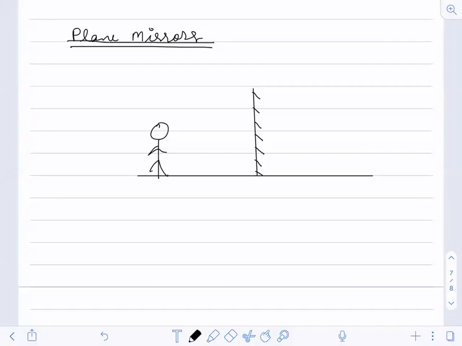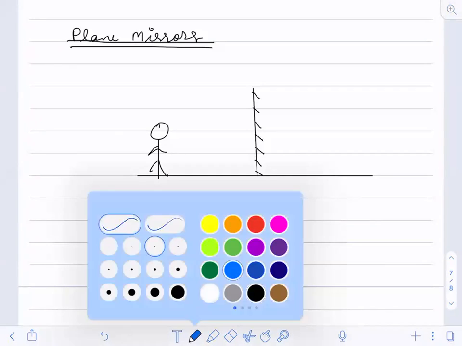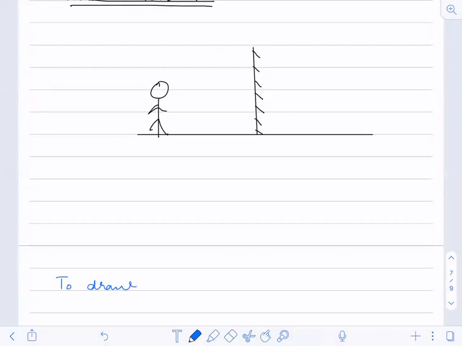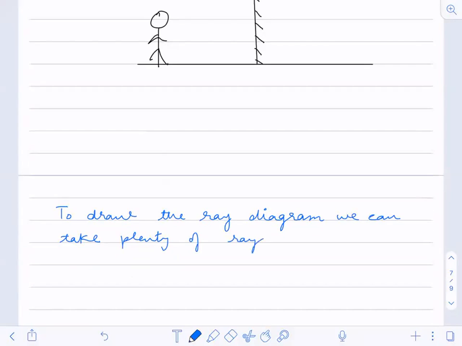So to draw the ray diagram, we can take plenty of rays, no matter how large the quantity, but a minimum of 2 is required, and the maximum is as per your wish.